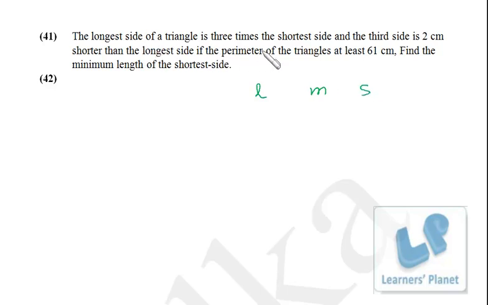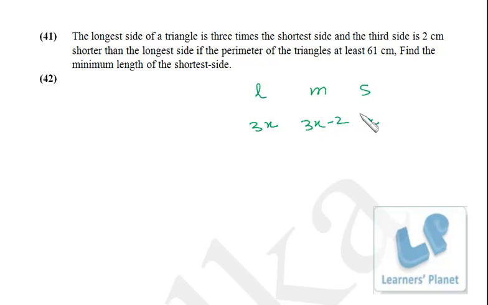The longest side is 3 times the smallest side. Suppose this is x, then longest will be 3x, right? Longest side is 3 times the shortest side, and the third side is 2 centimeter shorter than the longest side. So this one is 2 centimeter shorter than the longest side.